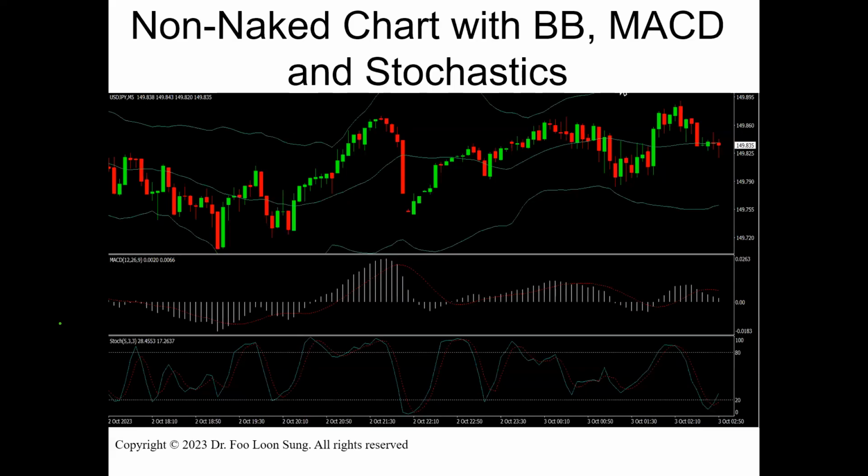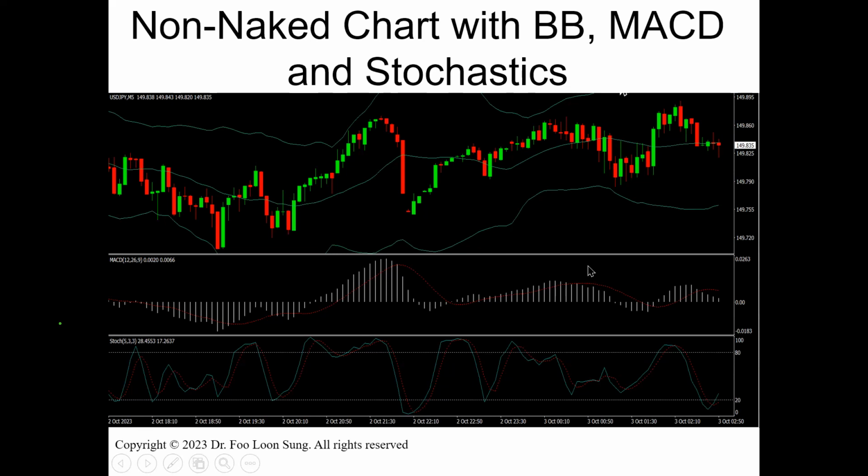On the other hand, look at a non-naked chart. This is a typical example of a non-naked chart with Bollinger Bands, and you have the MACD here and the stochastic. The MACD, the stochastic, and the Bollinger Bands are what we call indicators or oscillators. As you can see, with a non-naked chart, number one, there is a lot of information in this chart.